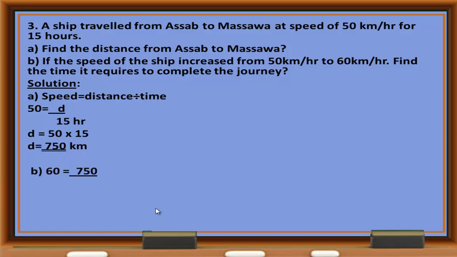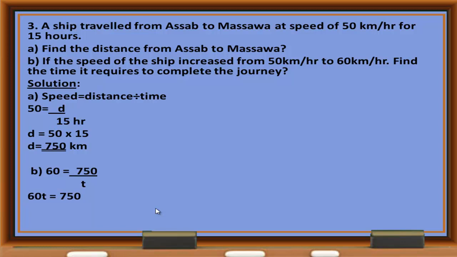B. If the speed is now changed to 60 kilometer per hour, speed is equal to distance, which was 750, over time. After cross multiplying, 60 times t, 60t is equal to 750.